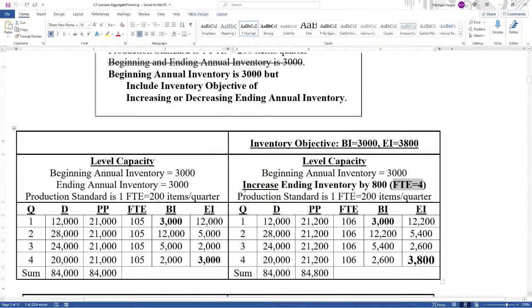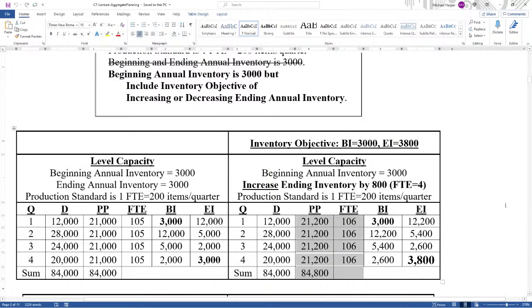So we want to increase our capacity by 4 quarterly FTEs. We spread that evenly, so it's 1 every quarter. The 105 becomes 106. We multiply that by a standard to get our production standard. We sum to get our annual. So there are 3 different ways of doing this. The reason I mentioned all 3 ways is because in some applications, one way may be preferred over another.